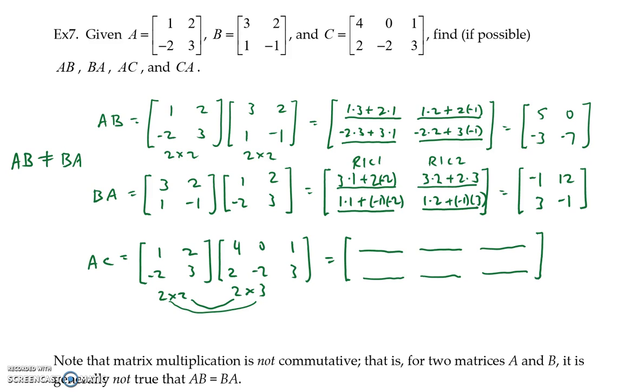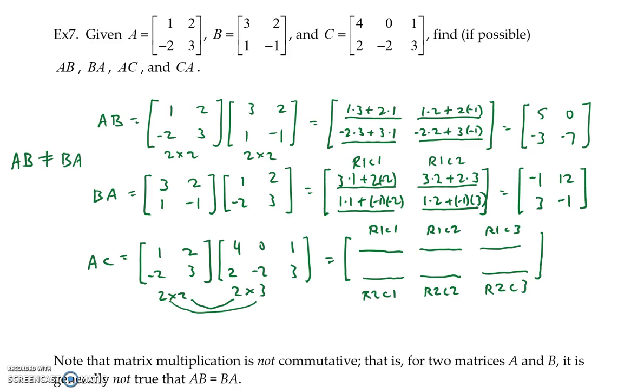Once again, I'll do some labeling. This is row 1, column 1, row 1, column 2, row 1, column 3, row 2, column 1, row 2, column 2, row 2, column 3.